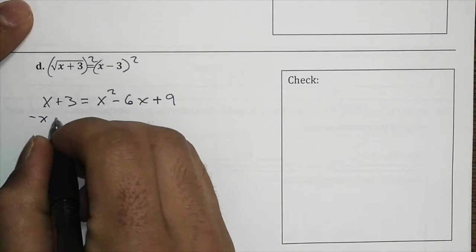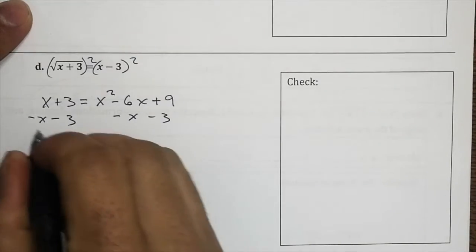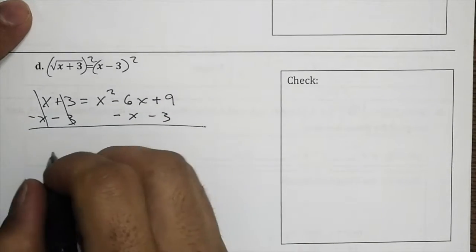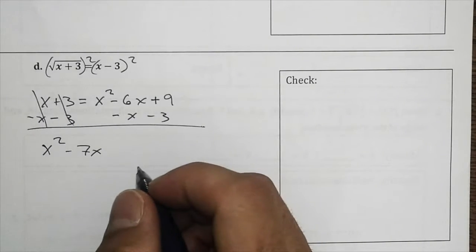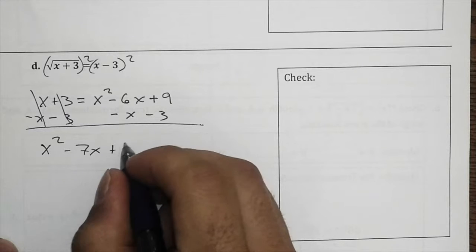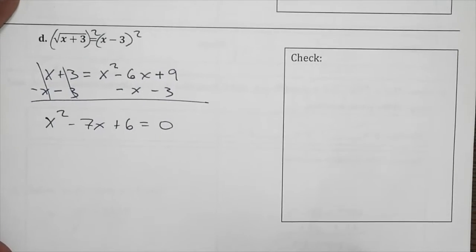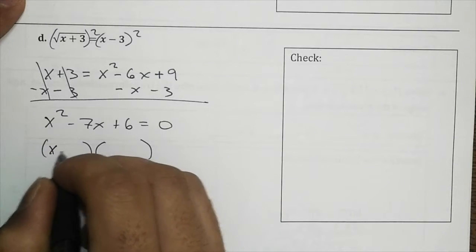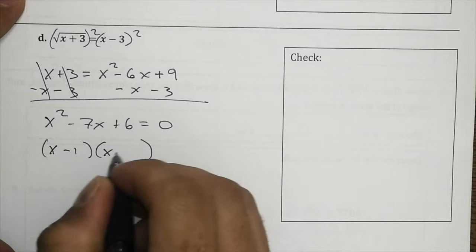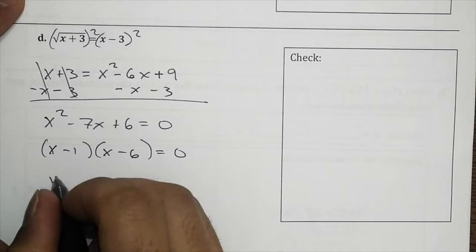So minus x minus 3. So we get x squared minus 7x plus 6 equals 0. Now factoring, that's x minus 1 and x minus 6. Good, which gives us positive 1 and positive 6.